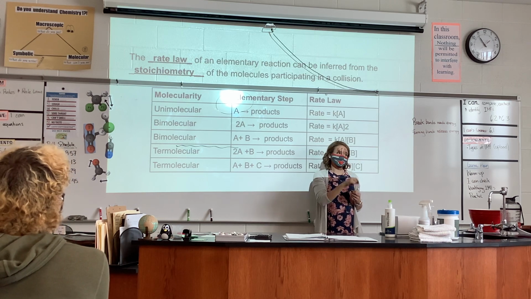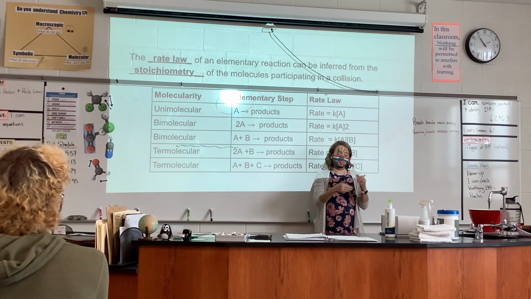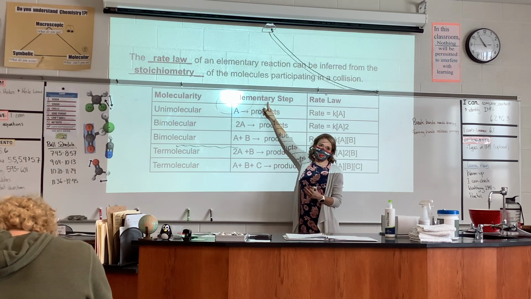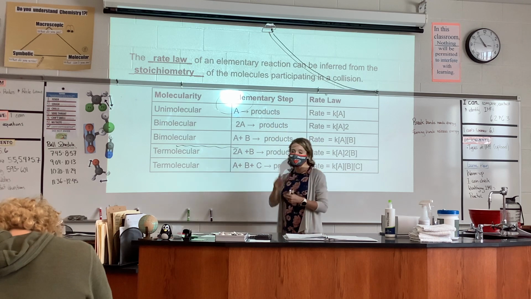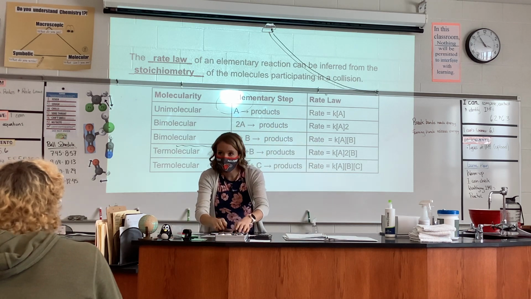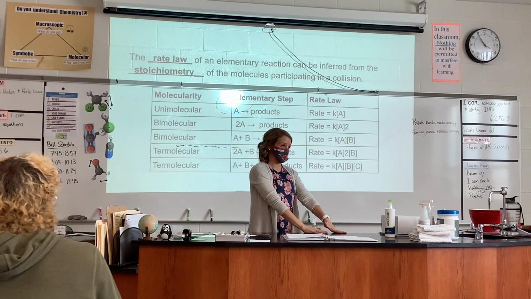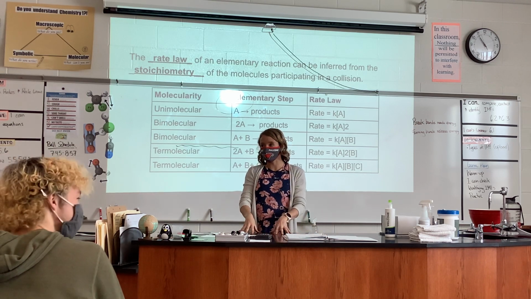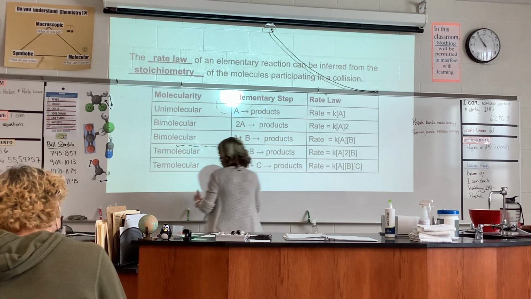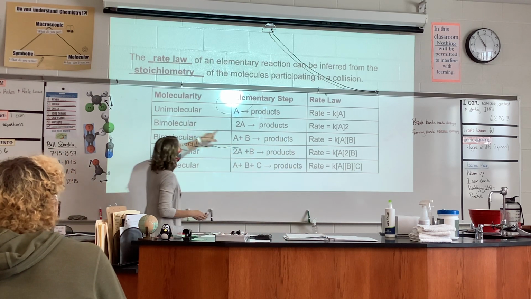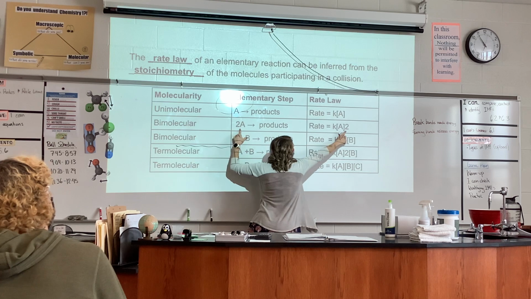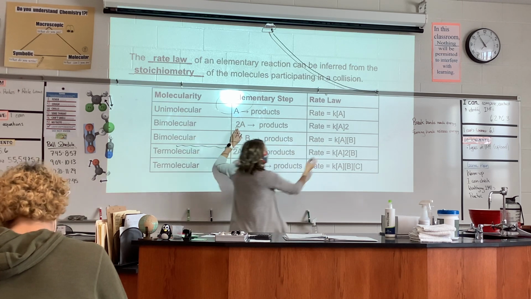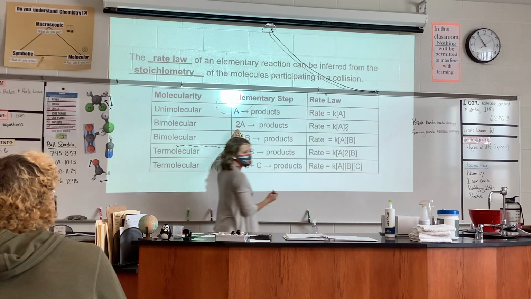You don't actually need experimental data because the experimental data was behind finding that they're elementary. Now this is where people sometimes get carried away and then they want to do this all the time. It won't work if it's not an elementary process. But when it does, it makes it quite simple because the equation pretty much just becomes the rate law where the coefficients become the order.